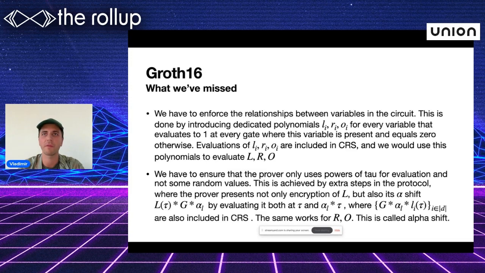And this is why in the full version of the protocol, we would have an extra step called checking the alpha shift, where you have some more parameters like a random alpha multiplier, and you would have to check the relation between the evaluation of a wire and the evaluation of the wire multiplied by alpha in an encrypted domain. I wouldn't say that it changes the protocol very much, so I have omitted it.